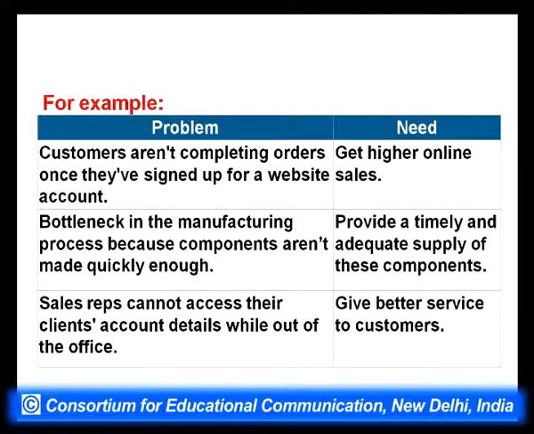The need is to provide a timely and adequate supply of these components. And the problem again is that sales representatives cannot access their clients' account details while out of the office. The need is to give better service to customers, so that the sales representatives are able to get the clients' accounts.